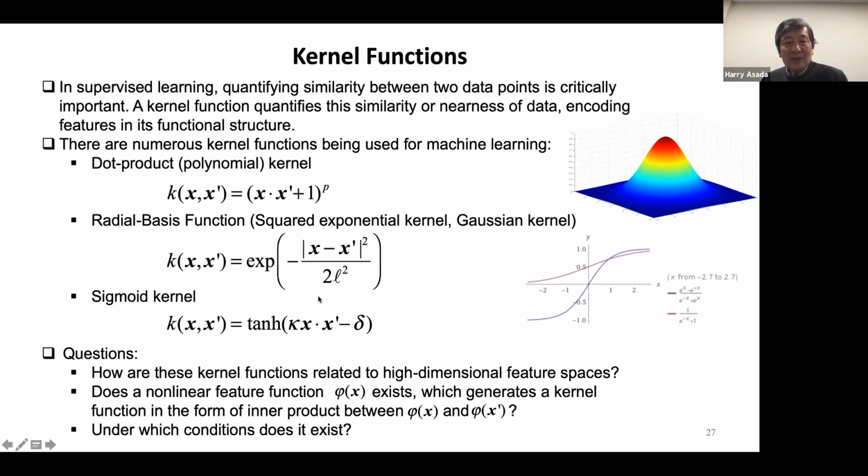It is given by this form: the norm of x minus x prime, squared, divided by 2 times some parameter L square.